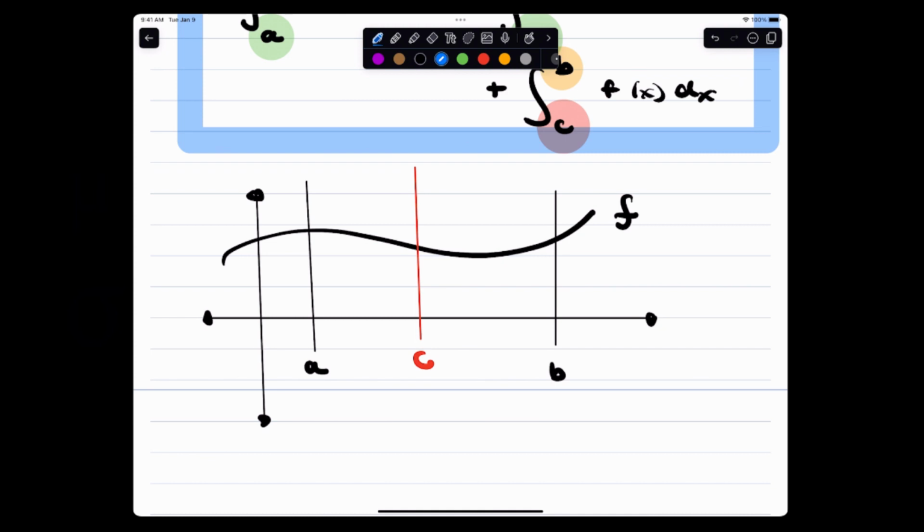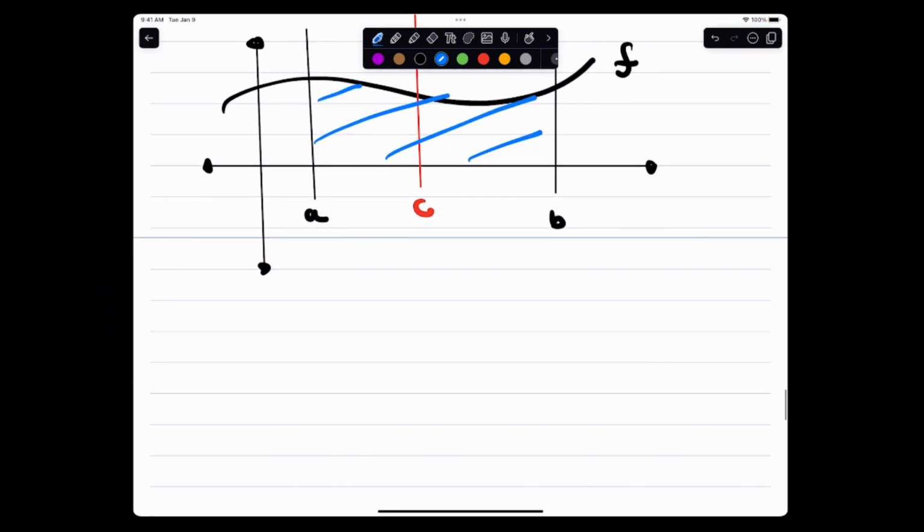What they are saying is the area in blue here, the blue integral, is the same as this green integral here, plus the orange integral, okay?